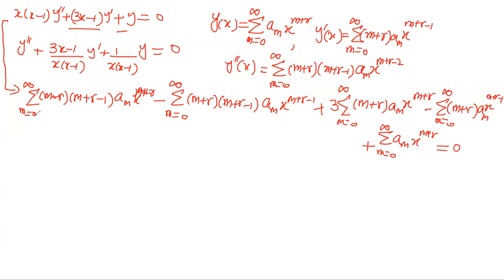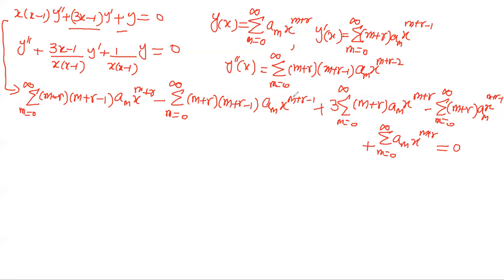For example, if we put m equal to 0 in the first sum, this will be x power r, and in the next term it will be x power r minus 1. So the lowest power of x among these terms will be x power r minus 1.